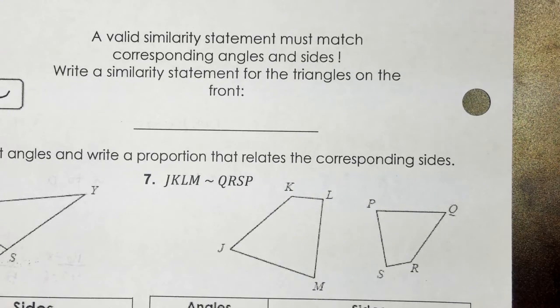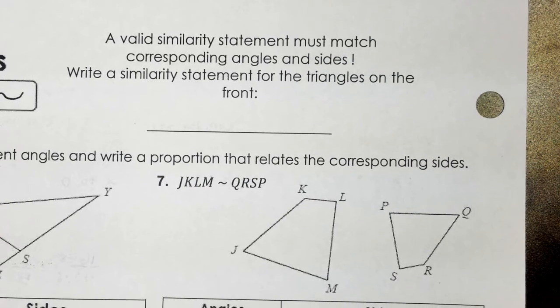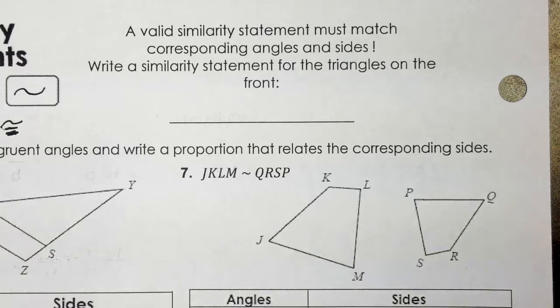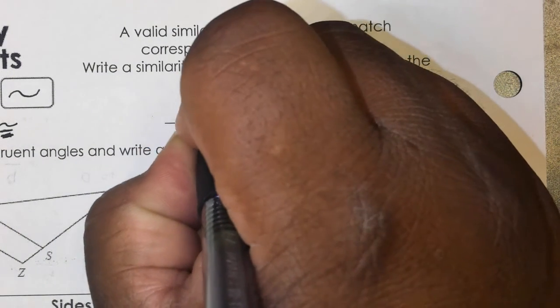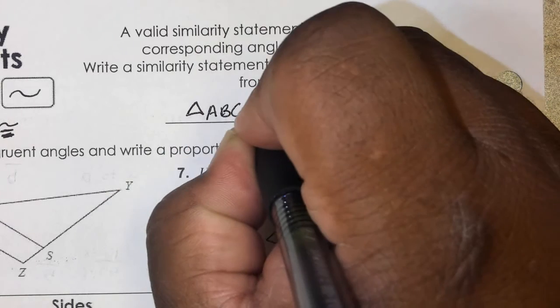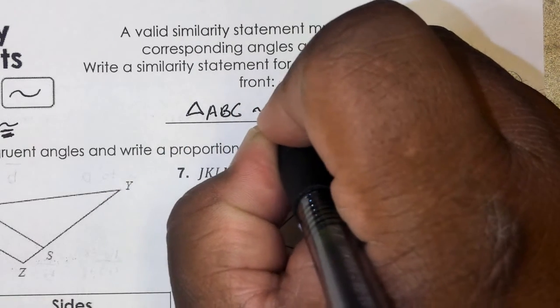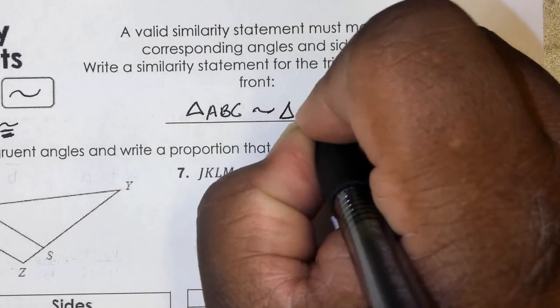A valid similarity statement must match corresponding angles and sides. Write a similarity statement for the triangles on the front. For that one, we already worked with it a couple times, so you should know what the similarity statement is going to be. Triangle ABC is similar to triangle DEF.